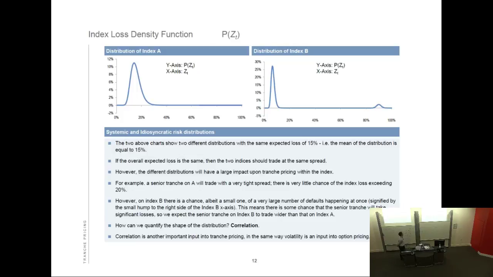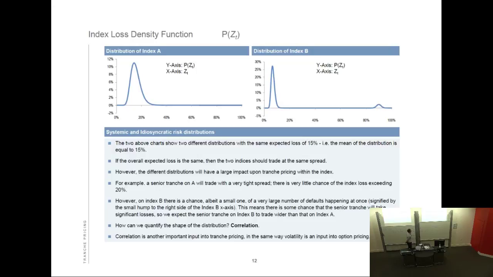Because there's no hump there, and the implied probabilities there are very, very low. But for the second portfolio, the 40 to 100 tranche will still probably not be worth a lot, but it will be worth something because there is a definite chance priced in that there could be 90% of losses.